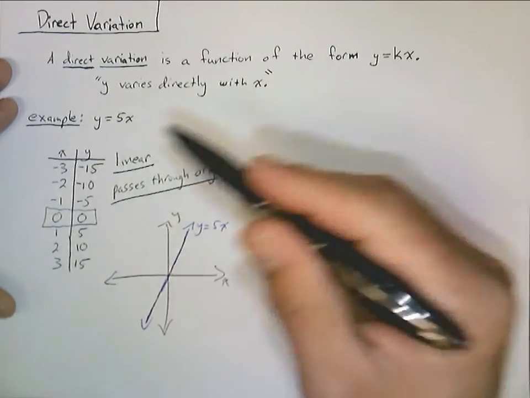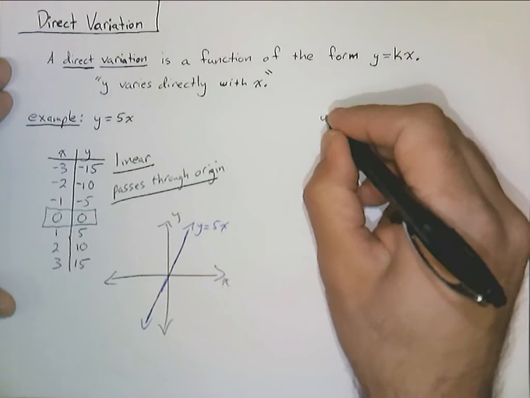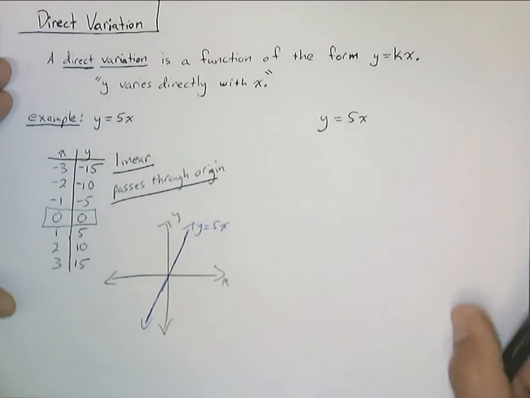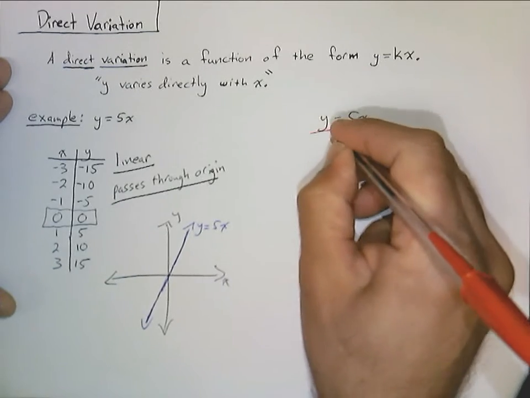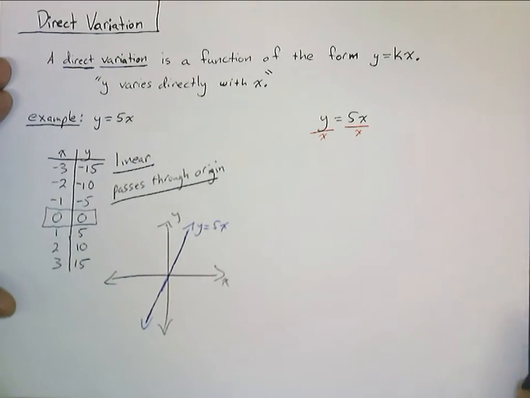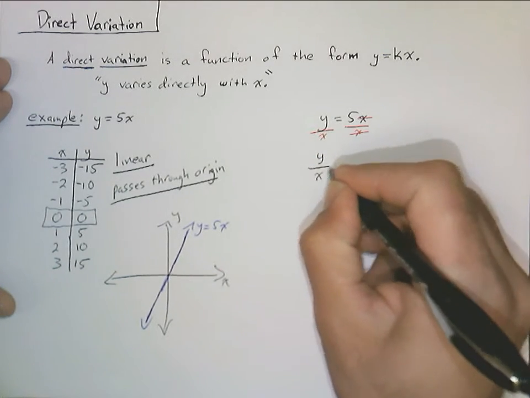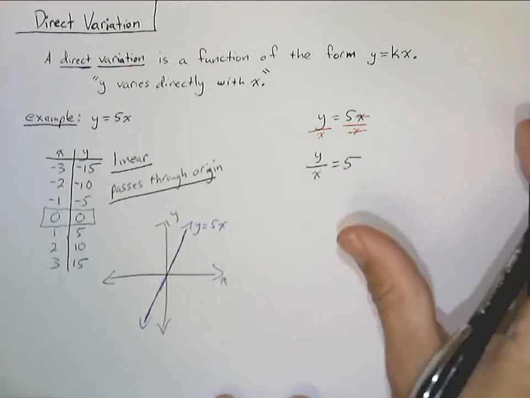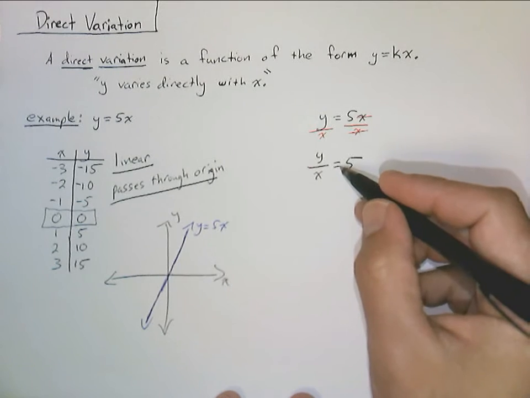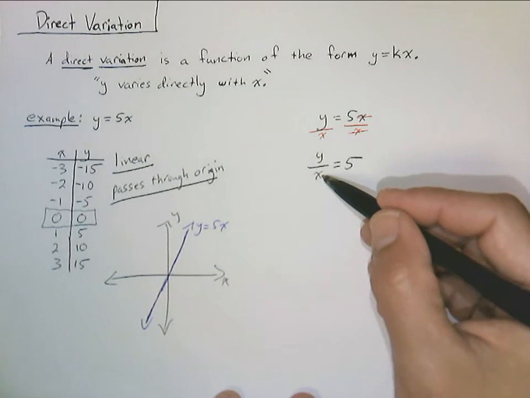One other thing about direct variations is if we take this equation y is equal to 5 times x, and if we divide both sides by x, well, these x's over here are going to cancel out, and we have now y divided by x is equal to 5. So one way of spotting that something is a direct variation, and not just any linear function, is looking at the ratio of y to x.